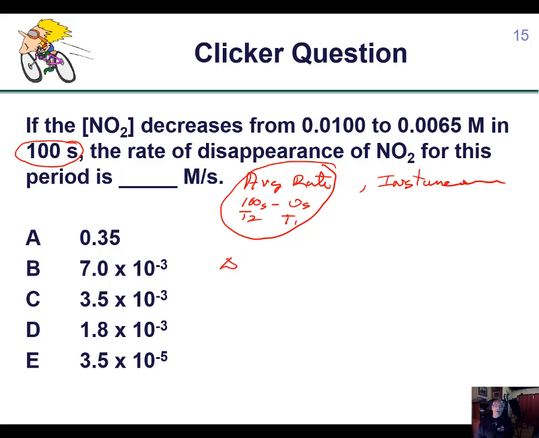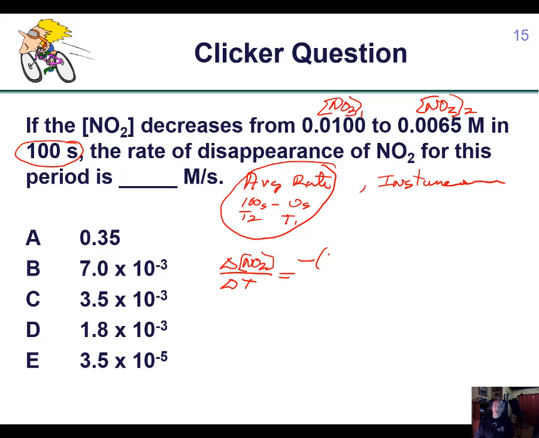We would calculate that simply by the change in the concentration of NO2 divided by the change in time. And since it's a rate of disappearance, we've got a negative sign out here. This is going to be the concentration at time 2 for NO2, and that's right here. This is the concentration of NO2 at time 1.